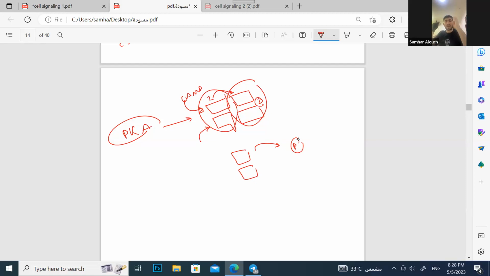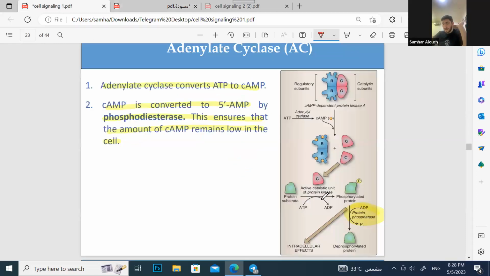Normally, PKA is made of four subunits, two activatory and two inhibitory. The two activatory are bound to the two inhibitory and inhibited. Now cyclic AMP binds to the inhibitory, so the inhibitory is gone, and the activatory go and phosphorylate. Once it's phosphorylated, it causes the action. And that's protein kinase A.